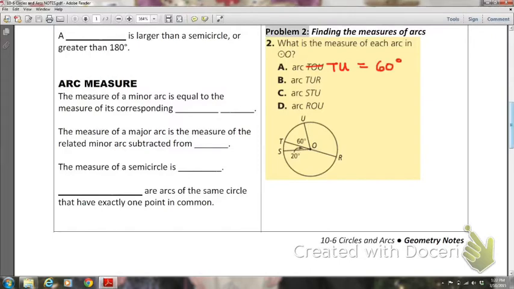The measure of arc TUR, if you start with T, go through U, and end at R. That's a semicircle. So that means it's 180 degrees.